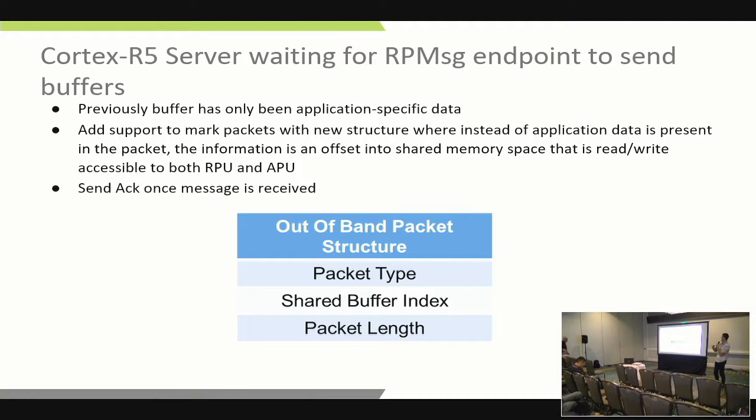And then the packet length, which is the amount of data after you have the base address into the shared memory space. And then on the R5 side, as we talked about, the process is it sees the packet, translates that into the shared memory space, and then once it processes it, sends the ACK back to the A53.